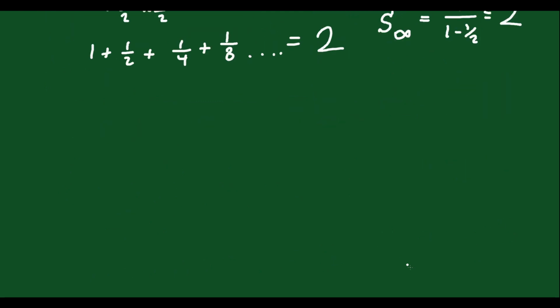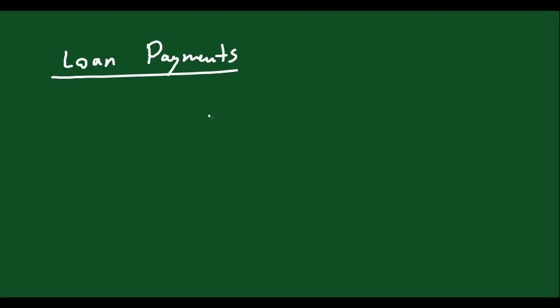Now, there are a few other formulas when we talk about geometric series and sequences. There's one in particular that's pretty cool, and it has some practical applications. This is when we discuss loan payments. This is just a sneak peek of what's to come in the other videos, so definitely check them out. It looks something like P equals L times (1 minus R) divided by (R minus R to the n plus 1).